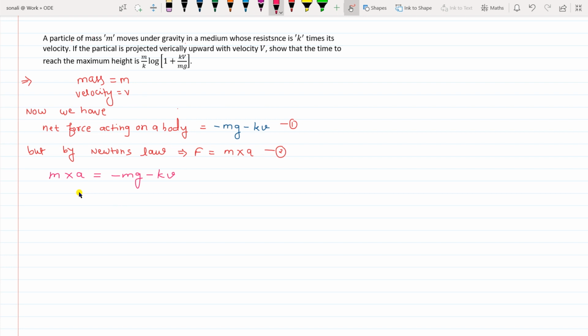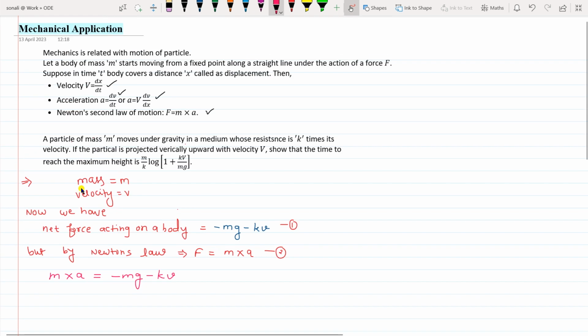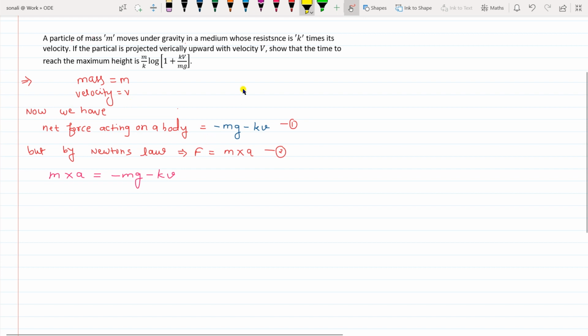As I already told you, what is acceleration? Yes, you can see here. Acceleration is rate of change of velocity with respect to time. So replace the value for this. We get mass into dv/dt is equal to minus mg minus kv.